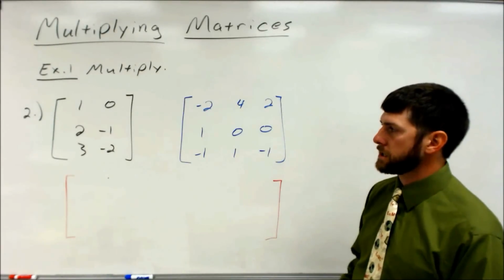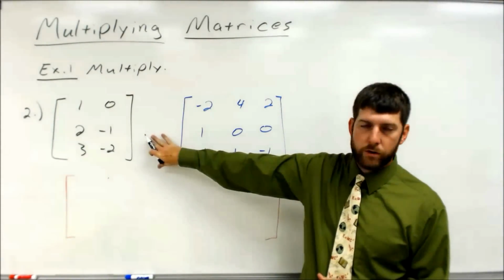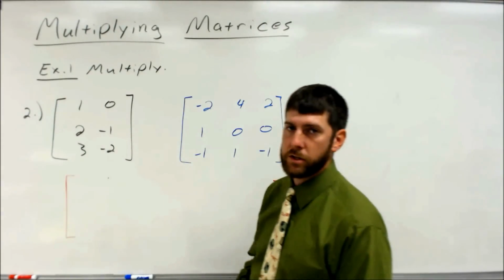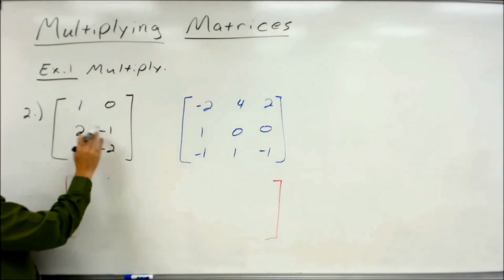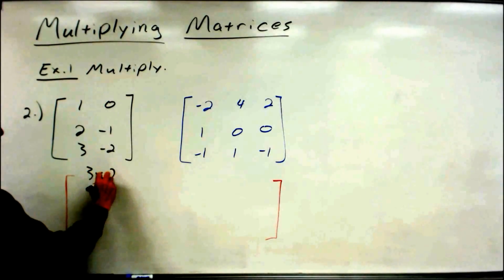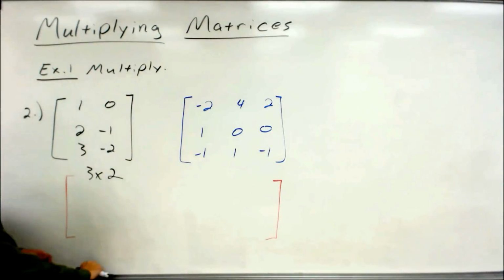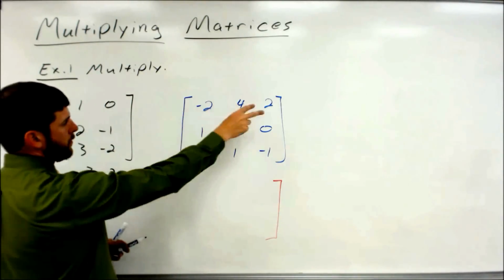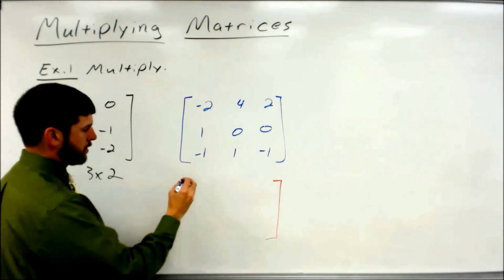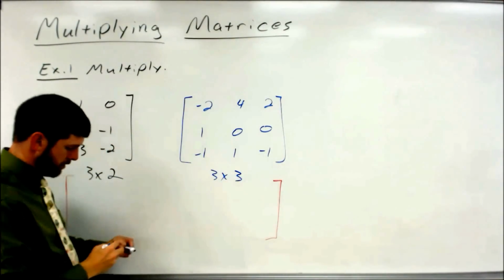Okay, let's look at this next example. We start out figuring out, can we even multiply these? So what are the dimensions of this first matrix here? 1, 2, 3 rows, 2 columns. So it is a 3 by 2 matrix. Second matrix, 1, 2, 3 rows by 1, 2, 3 columns.